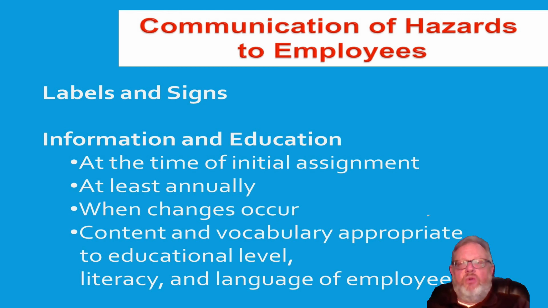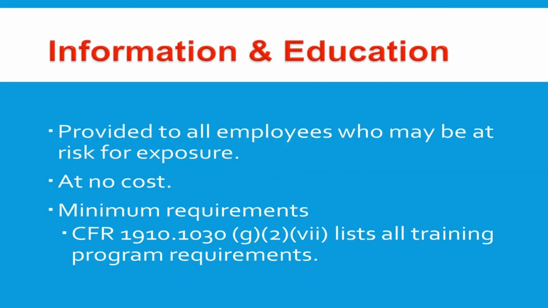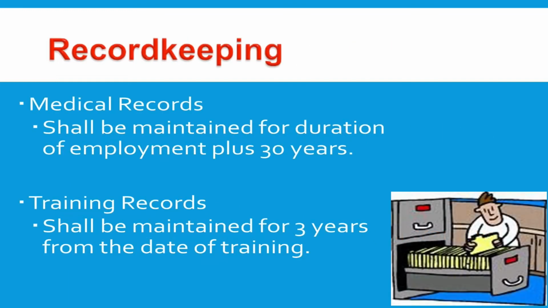So if you do not speak English, you need to find somebody that can interpret this information to you, or listen to someone who speaks your primary language so that you can understand what your rights are and what you can expect according to this standard. Information needs to be provided to all employees who are at risk at no cost, and 1910.1030 lists all the training program requirements we try to cover, right?